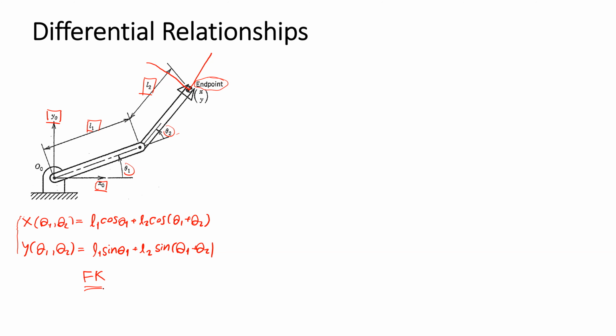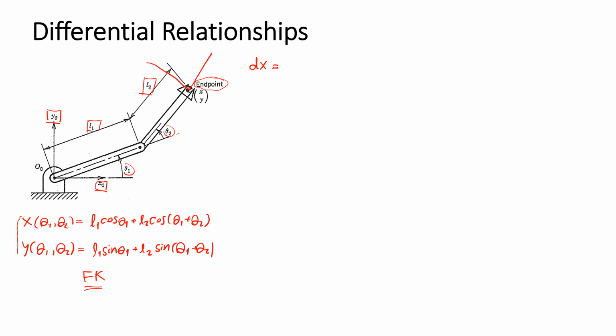For the differential relationship, the meaning of the differential relationship is: what should be the infinitesimal change of the x position? What should be the small change of the x position?